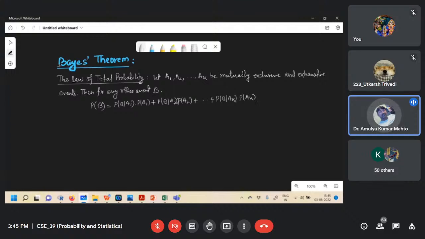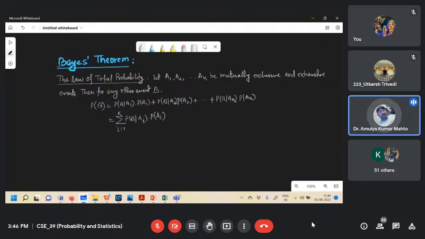So this uses A1 to AK with the multiplication theorem, what we have discussed, and then we can get the entire probability of the event B. You can rewrite it as the summation from i equal to 1 to K of probability of B given AI into probability of AI.